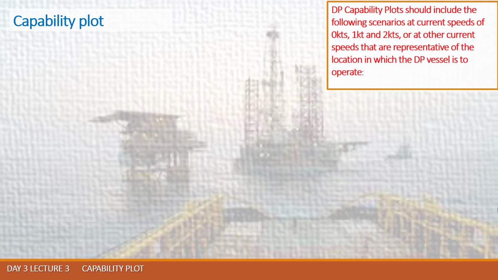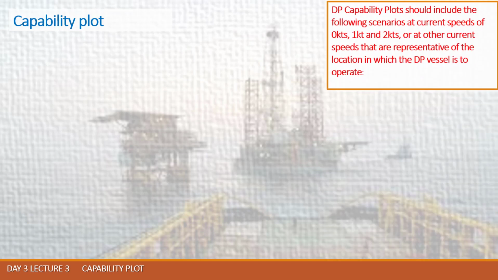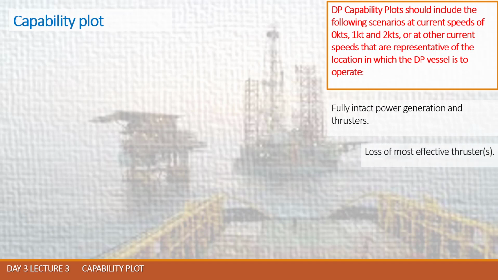And next cases must be taken into account: fully intact power generation and thrusters, then separate envelope for loss of most effective thruster, and separate envelope for following the worst case failure.